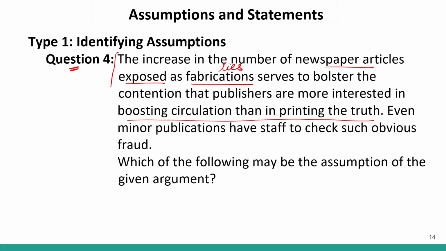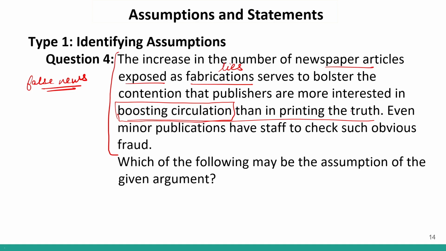So, what the statement is saying is that we have an increasing number of newspaper articles that are false, that are publishing false news, and this shows that the primary concern of such newspapers is to boost their circulation rather than to provide the truth. So their main motivation is to increase circulation of their paper, to increase their profits, and not to print the truth.